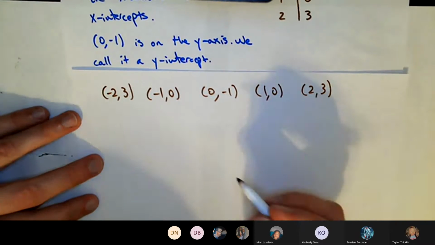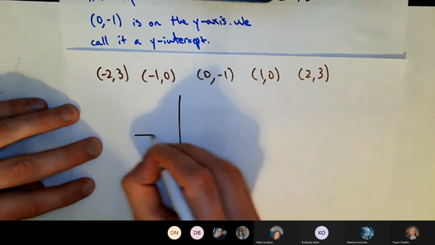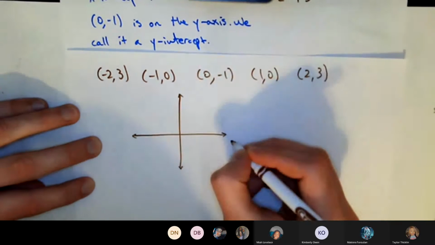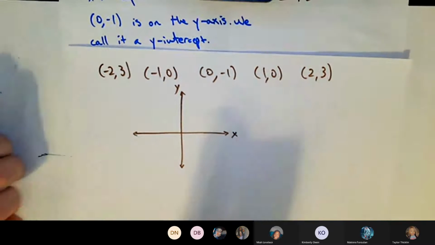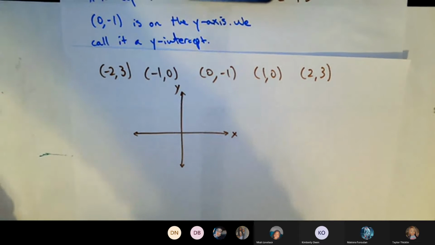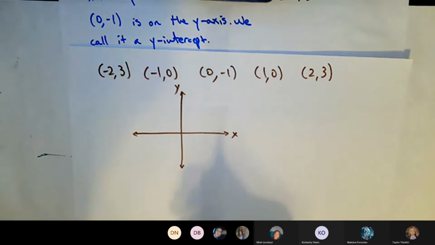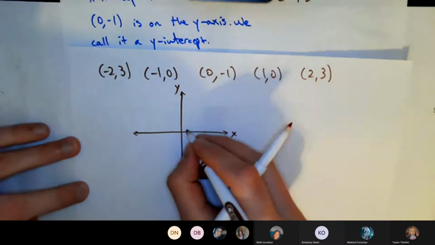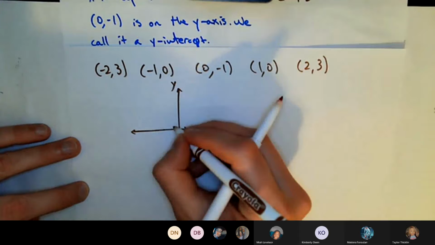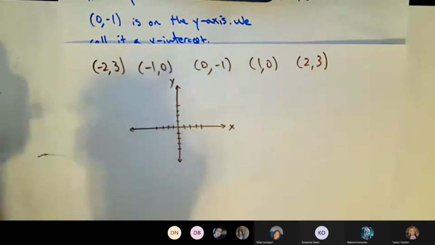I'm going to graph all 5 of these points and see if it gives me some kind of shape that I can then draw on my XY plane. Oh, I should put tick marks on my graph. All right.